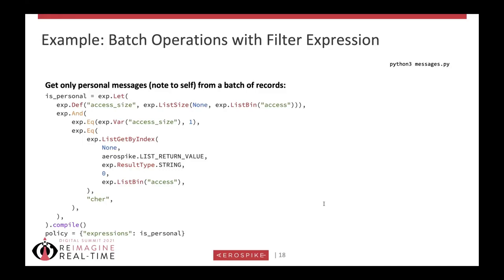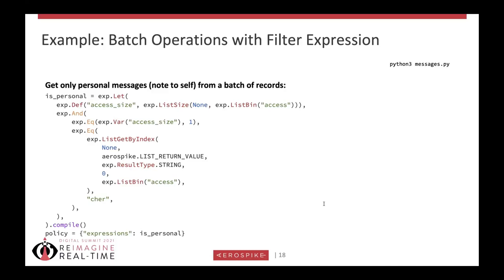It's a similar filter to what we had before, but we're going to do this in a let. So the first thing, we're defining a variable called access size. This is just like a bin name, but we're actually choosing a name for it. It's not restricted like bin names are to 15 characters.